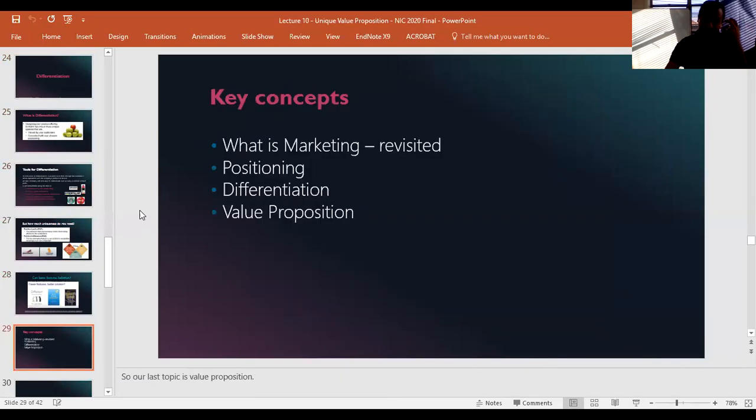So going ahead, what are the key concepts we have touched, that we have discussed just now? We went through a small recap of the marketing concept. We understood positioning and differentiation a little bit. So after the break, we'll discuss the value proposition and then the unique value proposition, UVP.